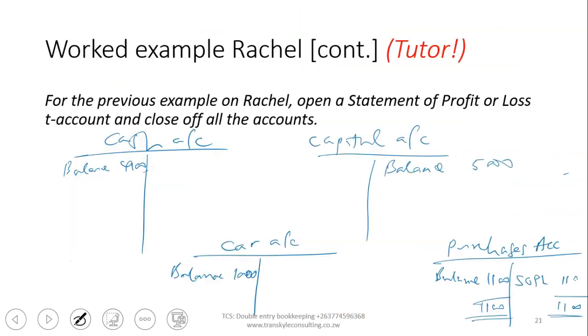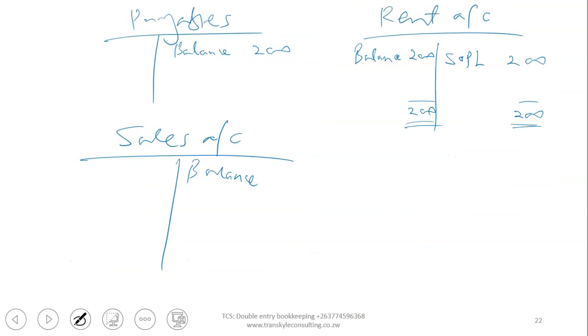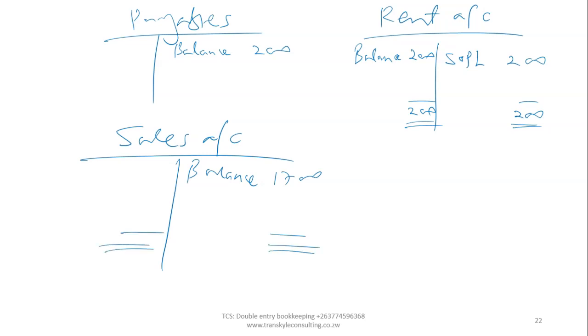So we just take that figure and slot it here, 1,700. Now we need to close up this account and just have to total up 1,700, 1,700. So which means the transfer to the statement of profit or loss should be on the debit side here as 1,700.